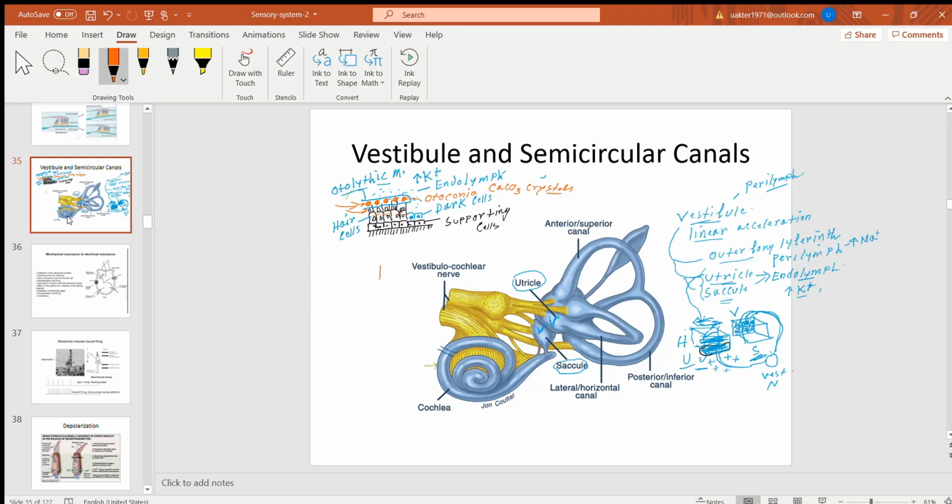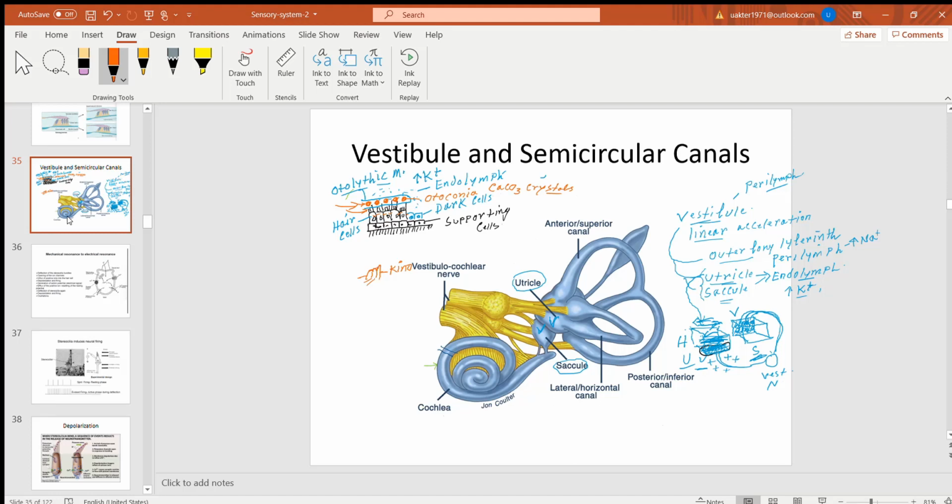And you know that kinocilia is the tallest one, and these are all connected by tip links, right? So this is kinocilia, and these are stereocilia, and they are connected by tip links.